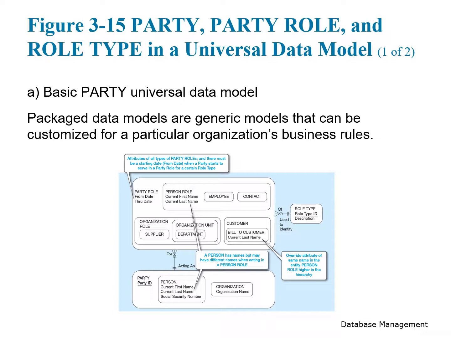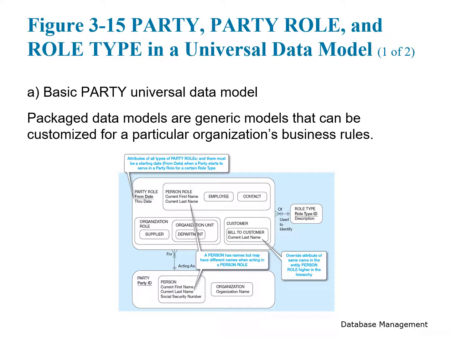What then do packaged or universal data models look like? Central to the universal data model approach are supertype subtype hierarchies. For example, a core structure of any universal data model is the entity type party, which generalizes person or organization as actors for the enterprise, and an associated entity type party role, which generalizes various roles a party can play at different times.